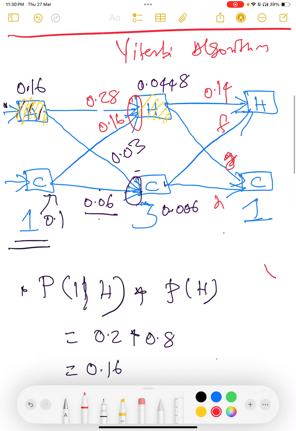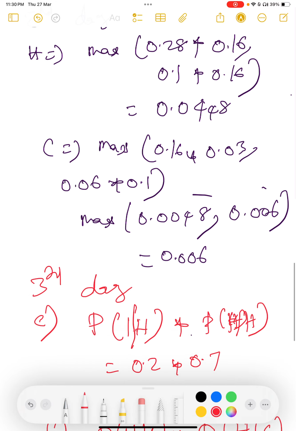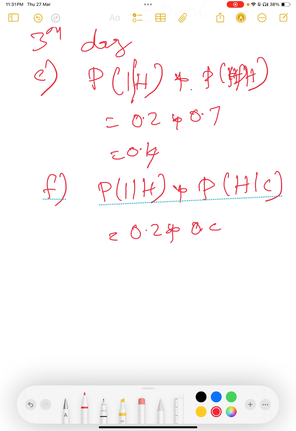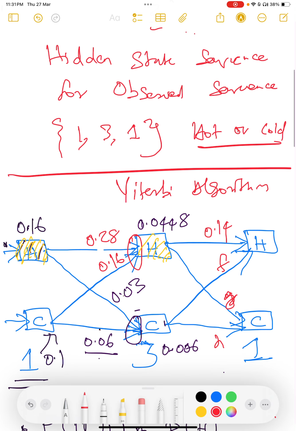So it should be 0.2 into 0.4, which is 0.08. So F is 0.08. Now G and H we will compute.